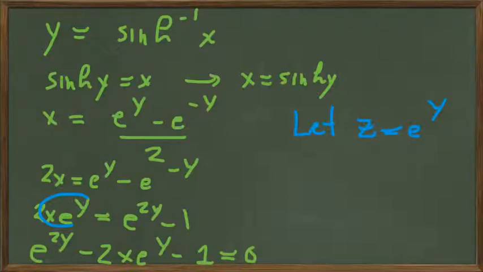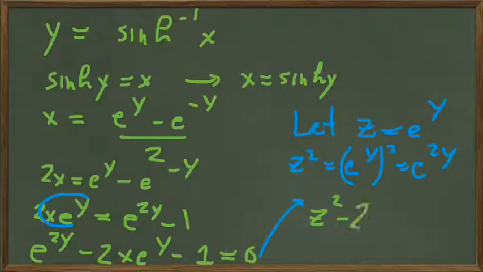Then z squared is e to the y squared, which is e to the 2y. And so we take where we left off, and it turns into what in the variable z? It is z squared minus 2xz minus 1 equals 0.